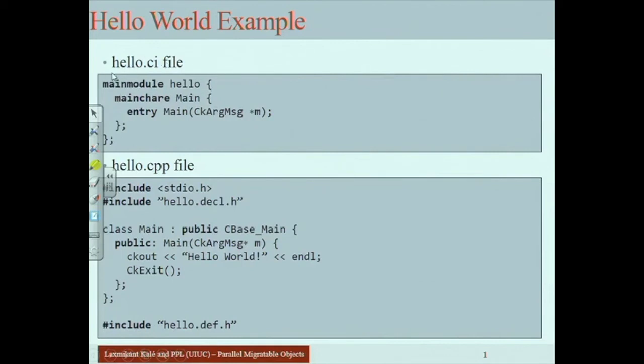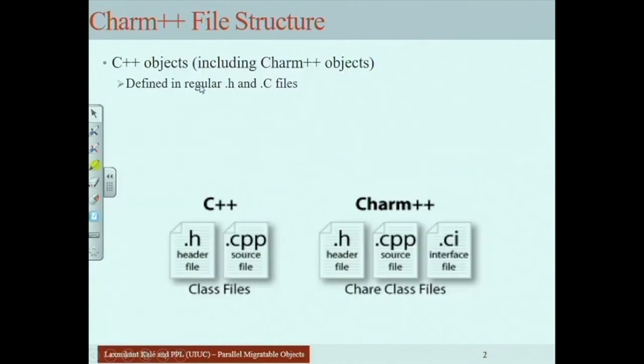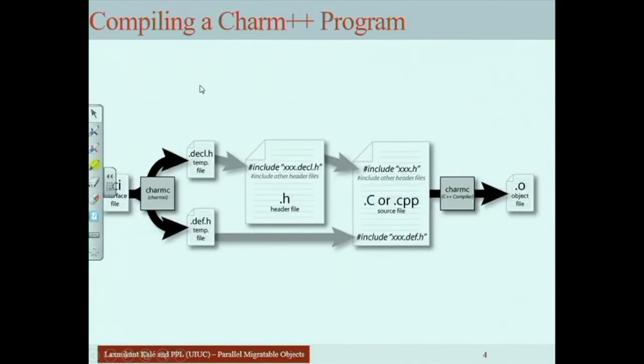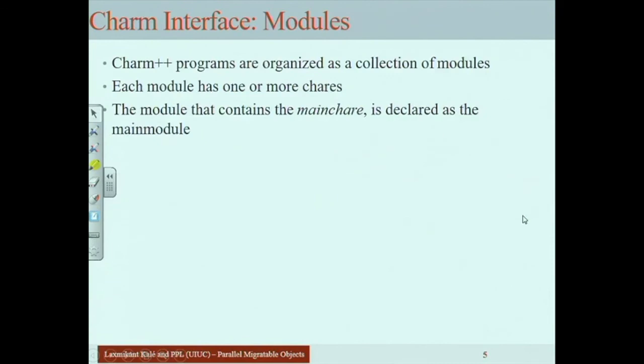If you call this file pgm.ci and you compile it, it's still going to produce hello.decl.h and hello.def.h. It depends on what you put here, not what the name of the file is. Okay. And so your declarations go here, and your definitions go inside the .cpp file. Charmc, which is a C++ compiler, basically produces the object file, which you link with other things and you run the program. So now let's get a little bit deeper into that syntax.